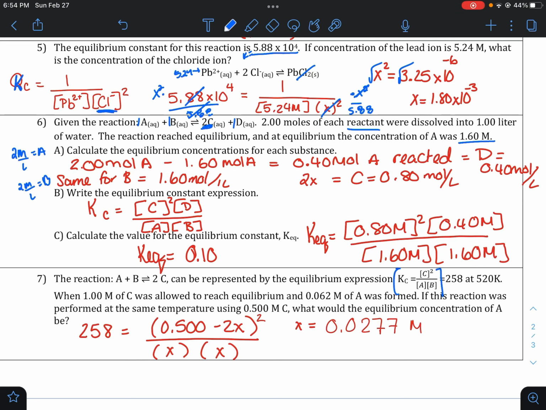If we look, whatever we decreased C by was 2 times that which A and B was formed. Why the 2? Because of the balanced chemical equation. And why A minus? Because we're going from 1 mole to 0.5.